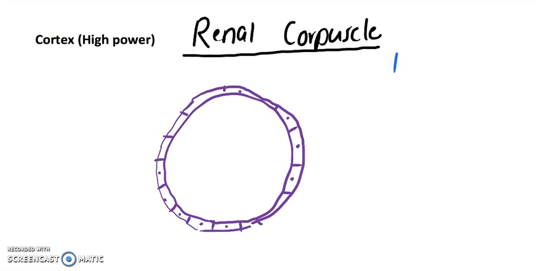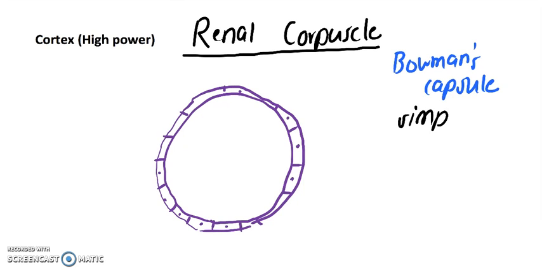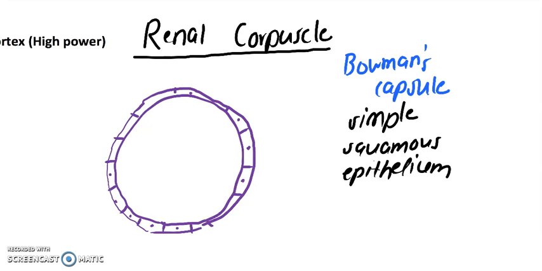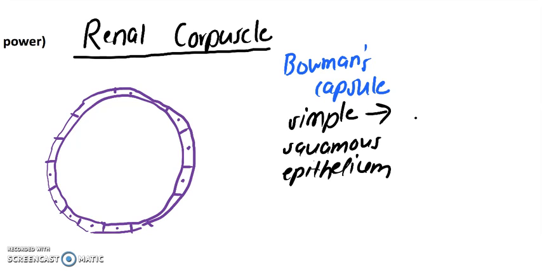So I have drawn a slice of Bowman's capsule. We call this simple squamous epithelium. Simple because it is only 1 layer thick. Squamous, which means flat, so these cells are pretty flattened, and that's why we call it this cell type.